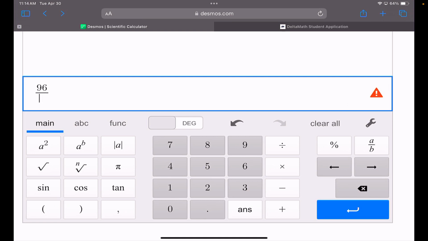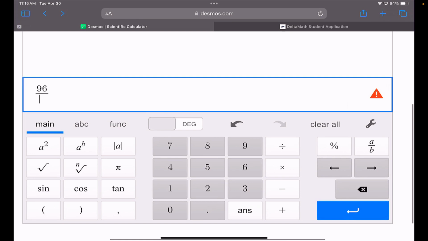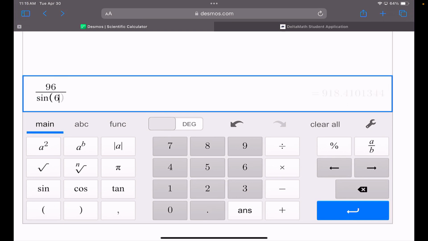Make sure this says degrees though, because it's 68 degrees, right? The opposite of degrees is radians. Don't worry about radians, we'll talk about that later. But for today, we just want degrees, DG, okay? So you're going to go sine of 68, close parentheses. That's our answer.